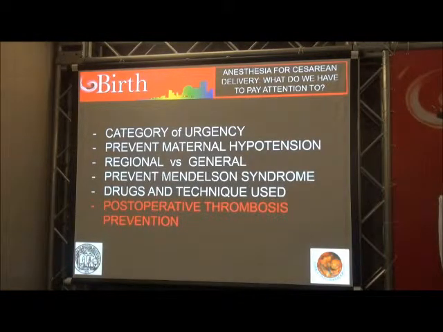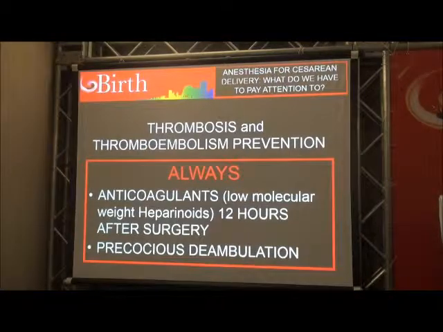Finally, one thing that we obstetricians often forget: the maternal coagulation system is increased during pregnancy and postpartum, so there's no doubt about this, but use adequate prevention of postoperative thrombosis, so always prevent thromboembolism due to thrombosis with anticoagulants.